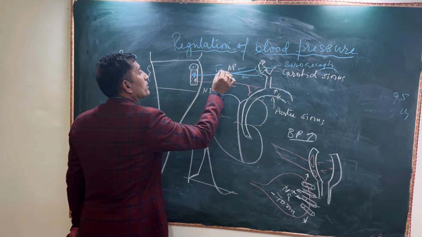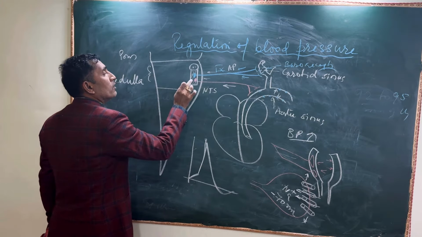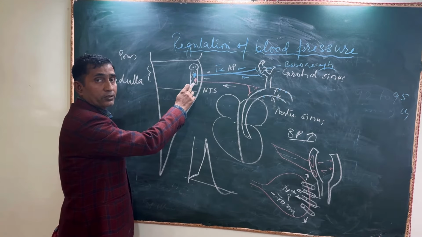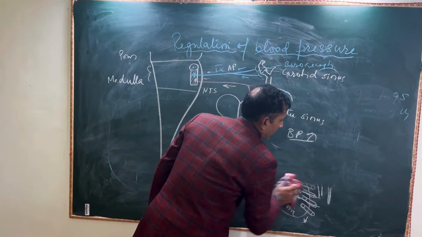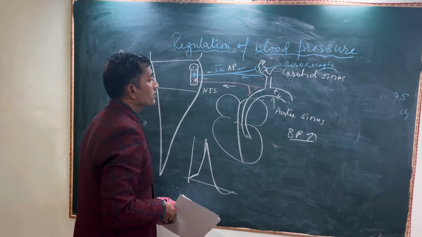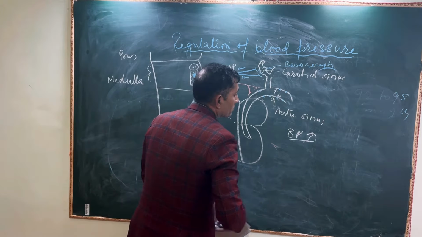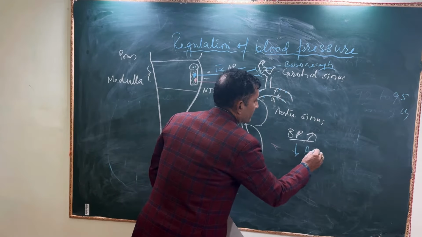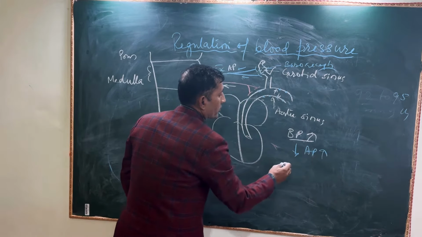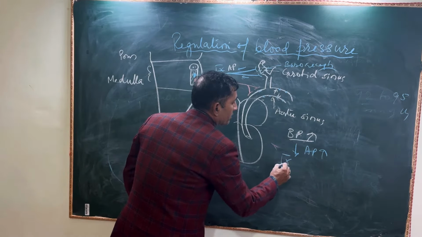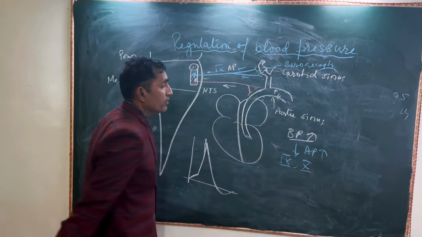So this action potential will reach where? Nucleus tractus solitarius. So as soon as blood pressure is increased, we can see the action potential recorded in the 9th cranial nerve and the 10th, vagus nerve.